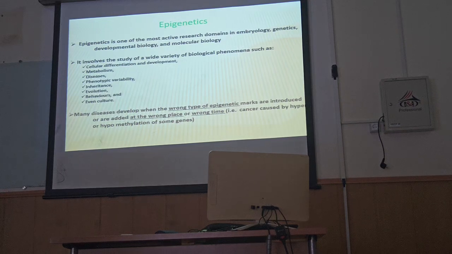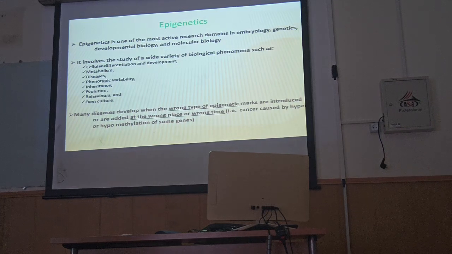After birth, these genes must not be expressed. If fetal hemoglobin is expressed in an adult, that is the wrong time, and then we will have some disorders. If it continues to be expressed in adults, we will have some problems.